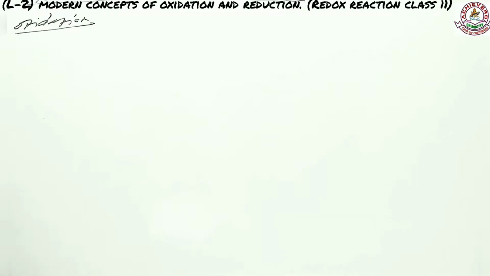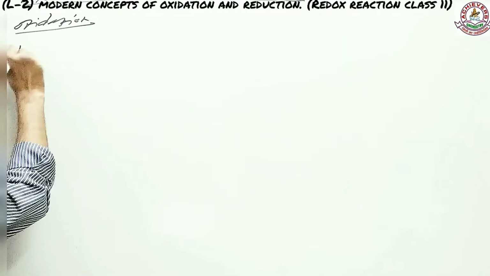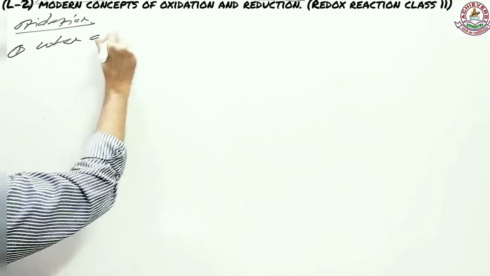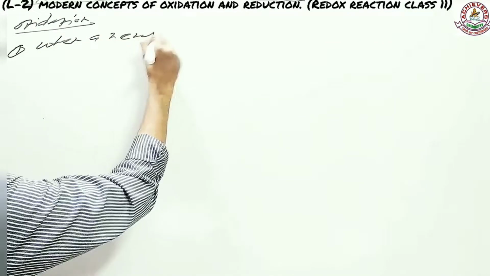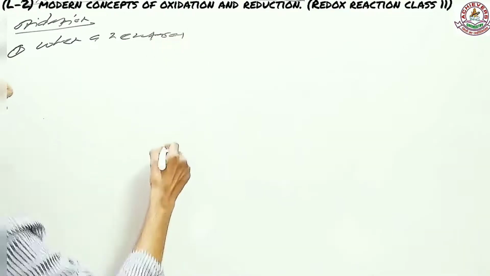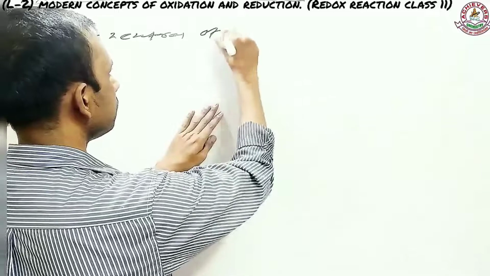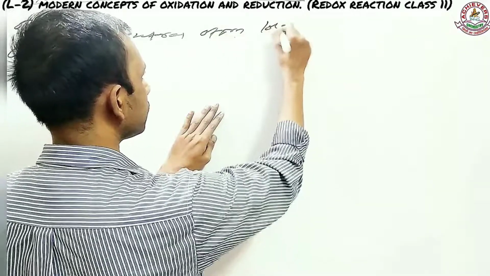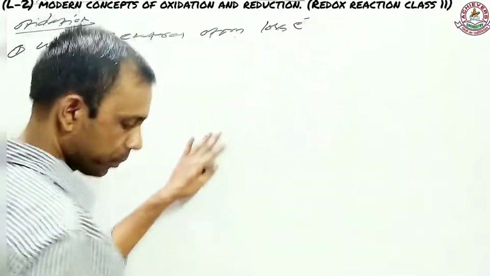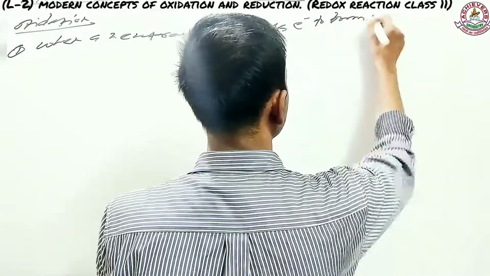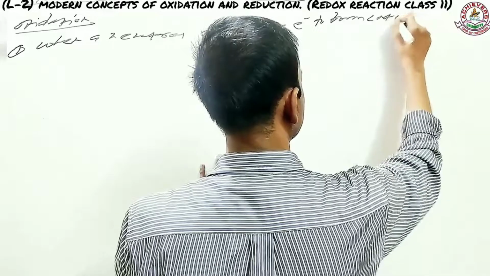So what oxidation is, first one, when a neutral atom loses electron to form a cation.